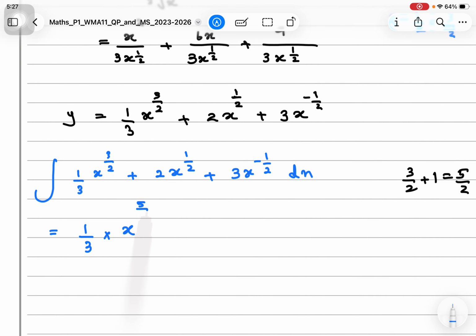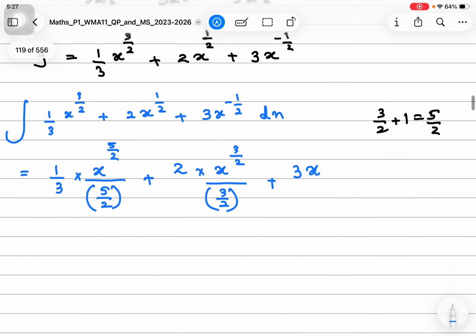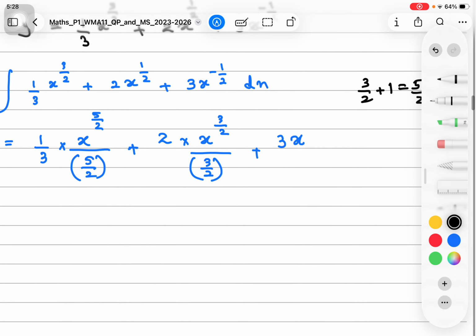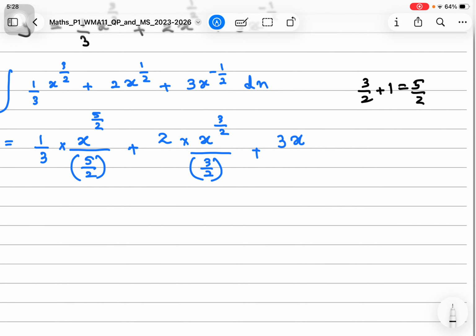It's x to the 5 over 2 divided by 5 over 2, plus 2 times x to the 1 plus half, which is 3 over 2, divided by 3 over 2, plus 3 times x to the power negative half.